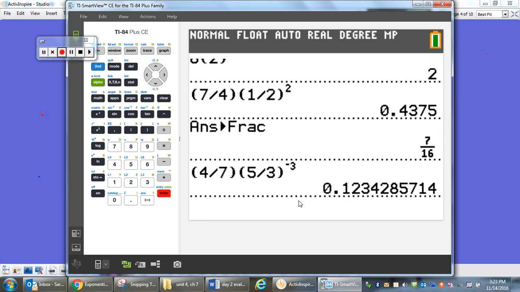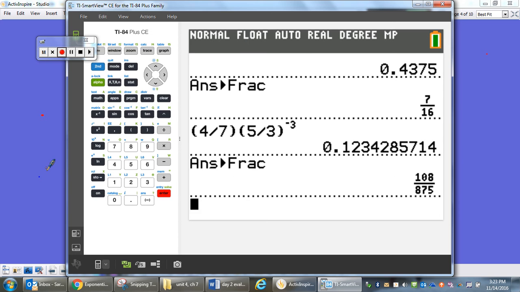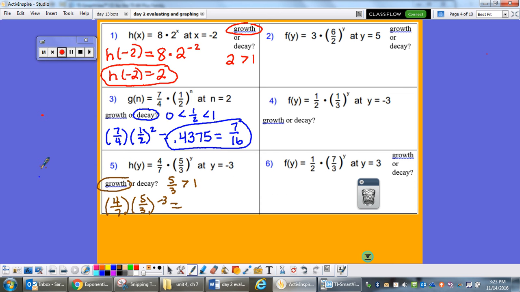Enter. So see how this is a much longer decimal? Instead of rounding this, which you could, I would just round it maybe to 0.01234. You could hit math, enter, enter, and it will put it back as a fraction. So I would accept 0.1234. However you round, just make sure you round correctly.